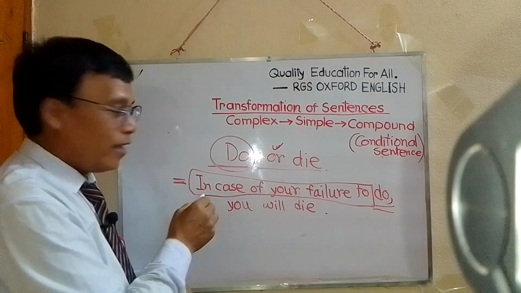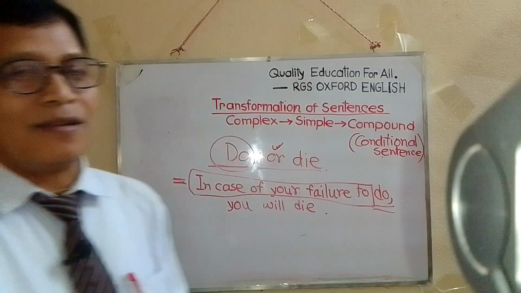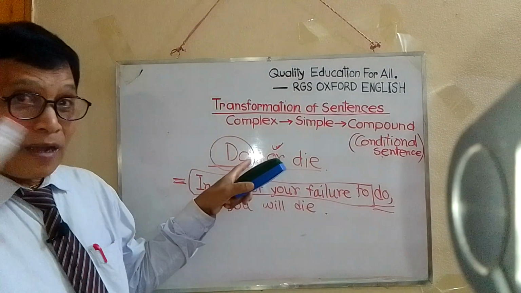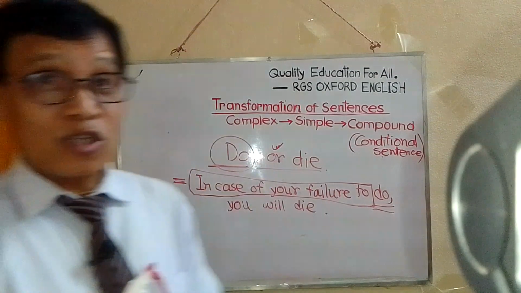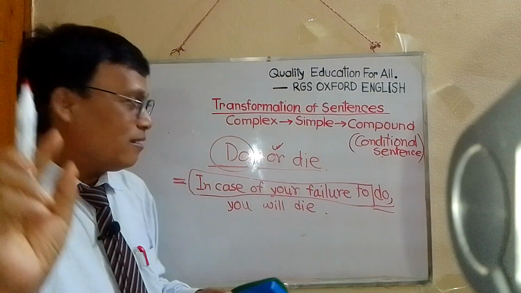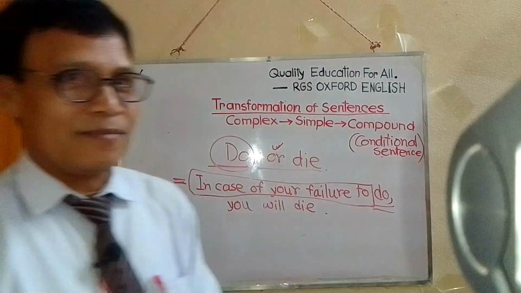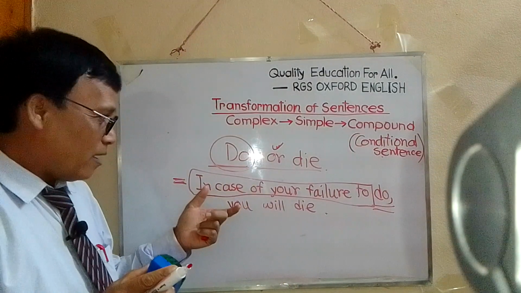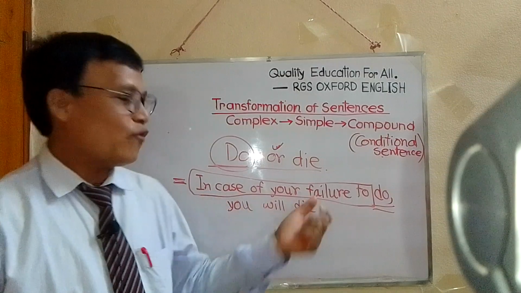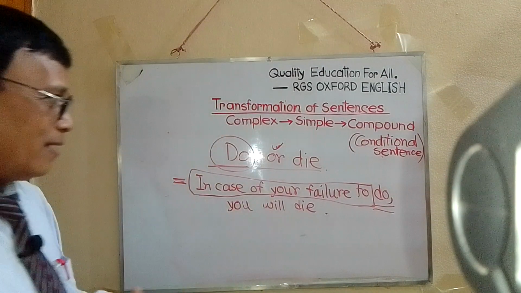So we have used here "in case of failure," this negative expression, in order to make the meaning clear and the same. So we have to use here "in case of failure to do, you will die."